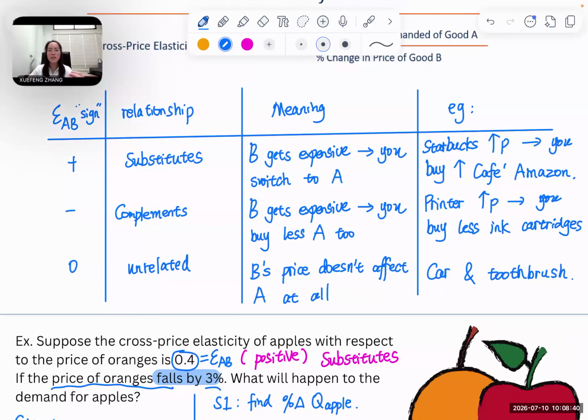Complements, which means they are partners, okay? They are partners. When one sells more, so does the other. But for substitutes, which means they are rivals, okay? They are rivals.